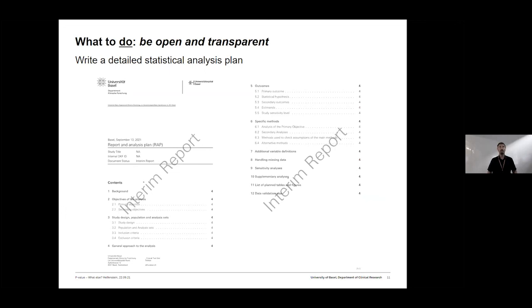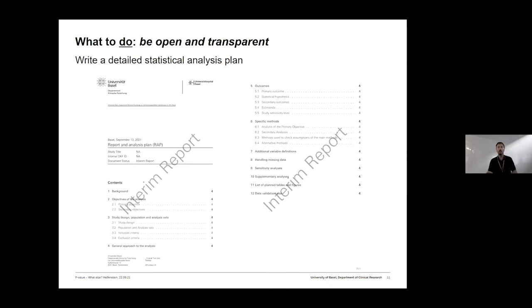Another way to be transparent and open, together with the pre-registration and publication of the protocols, is to write a detailed statistical analysis plan. And this is what we do here at the CTU.